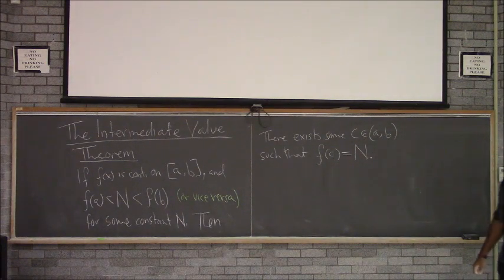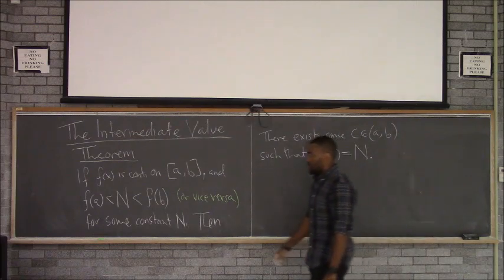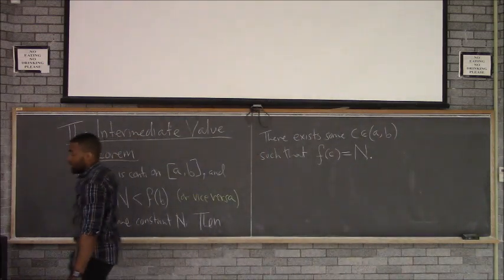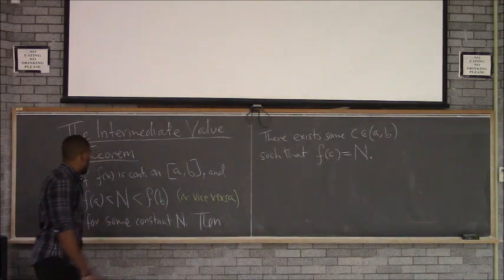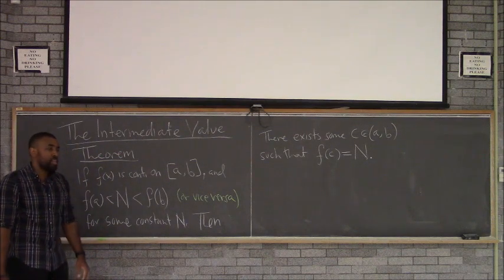And this is called the intermediate value theorem. It's basically the theorem that says continuous functions attain all intermediate values.